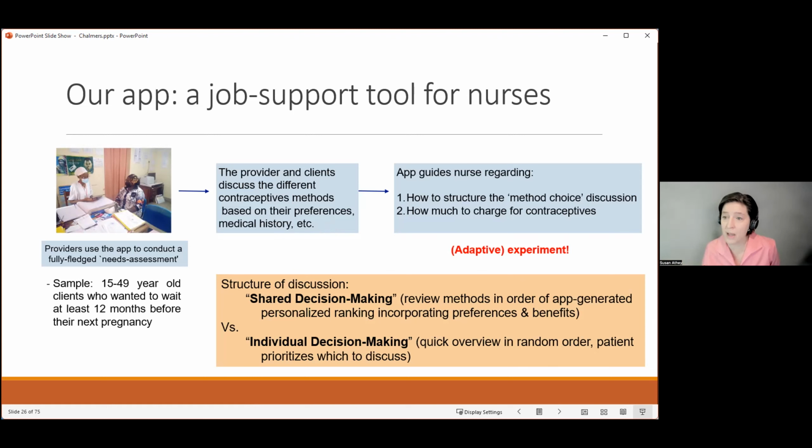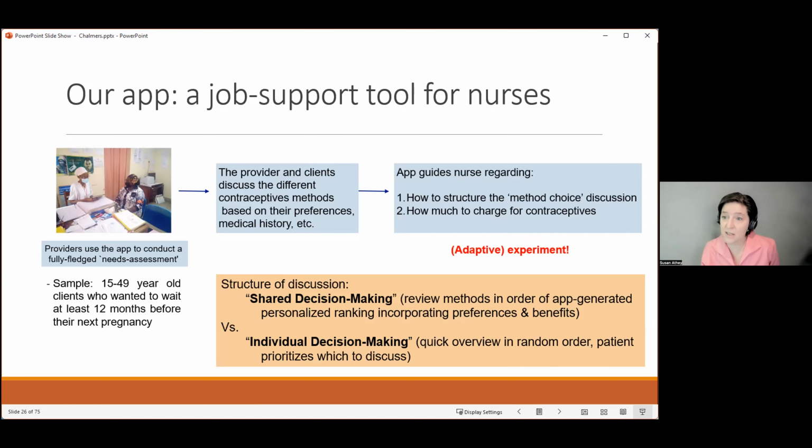What we're going to be learning about is how to target discounts. And also, in principle, if some women like being in the driver's seat and controlling the conversation, we would target that to different women. The TLDR is that the ranked lists, the shared decision making, is going to be better for everyone.